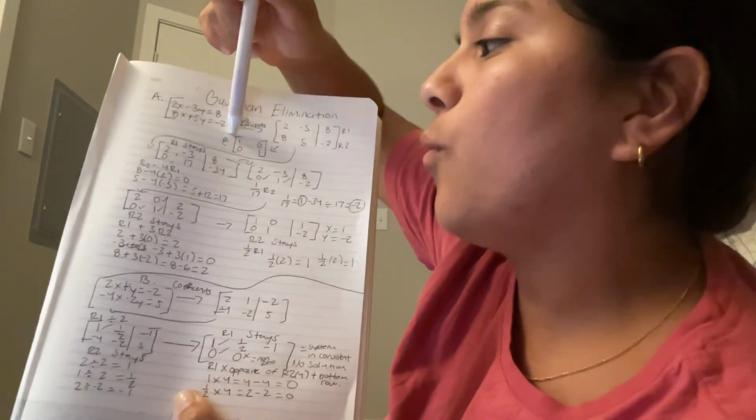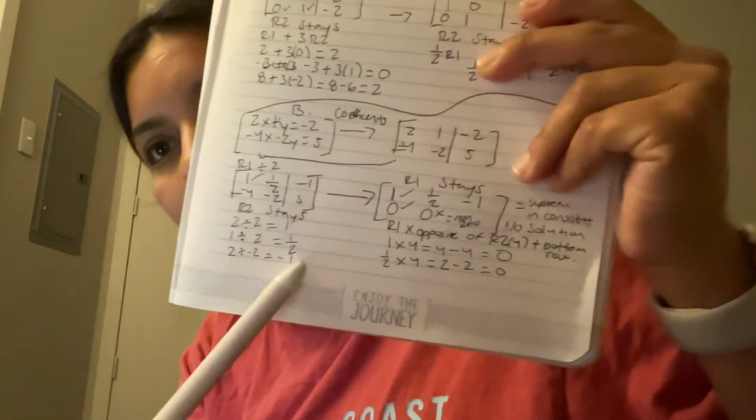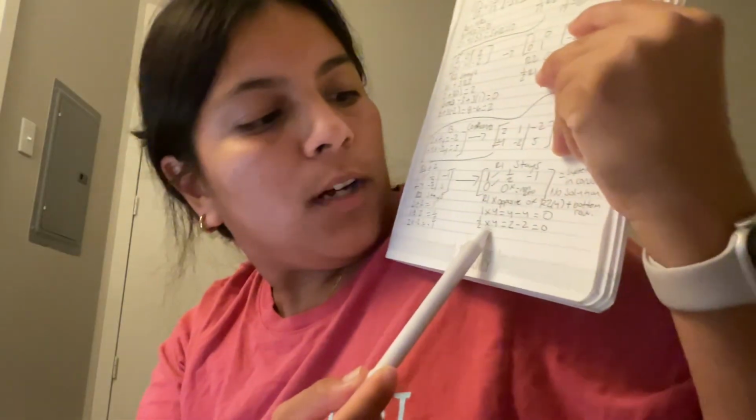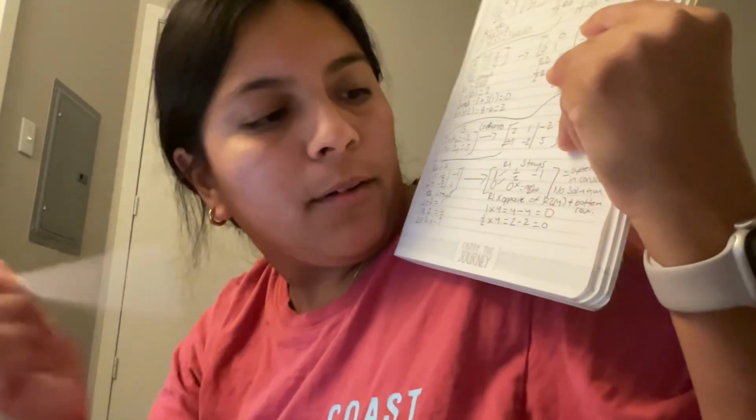It doesn't equal the 1, 0, 0, 1. So there's no solution and the system is inconsistent. We figured that out because 1 over 2 times 4 equals 2, minus 2 is 0. Because it's inconsistent, no solution.